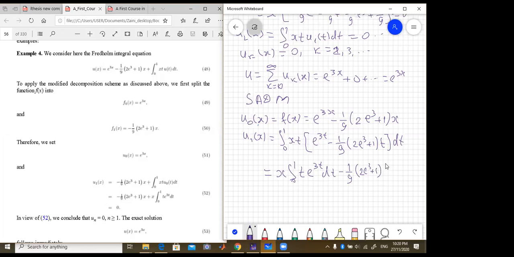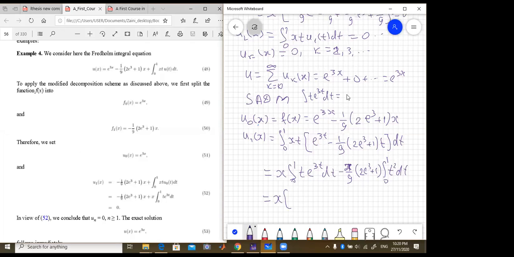Then integral from 0 to 1, x I put here, t square dt. So the first integral we have already seen: integral of t e to the 3t dt.